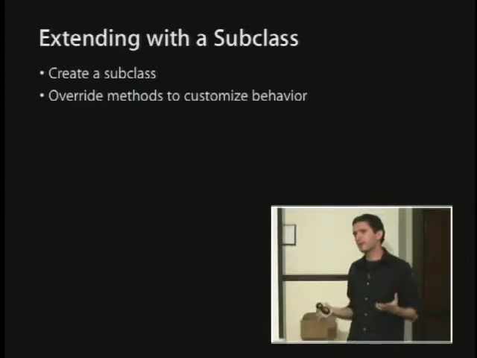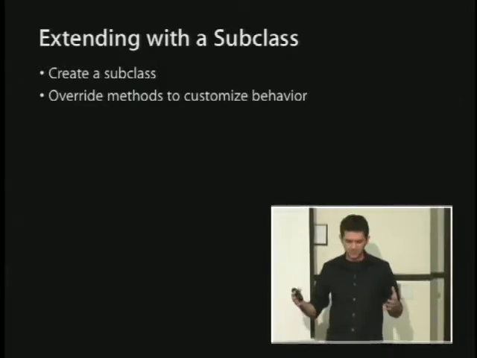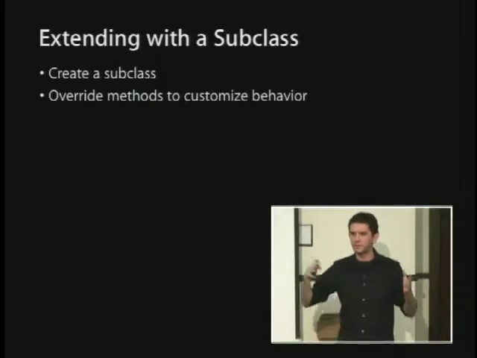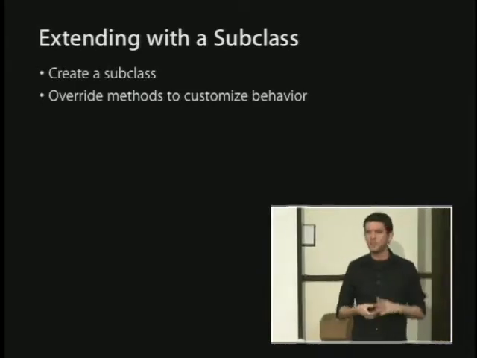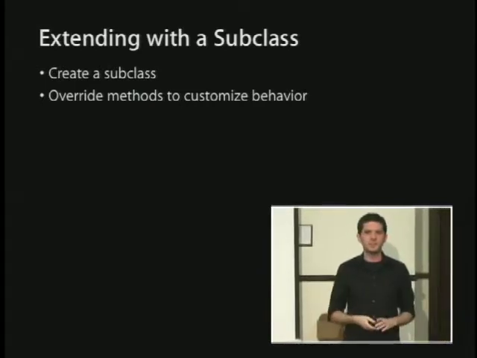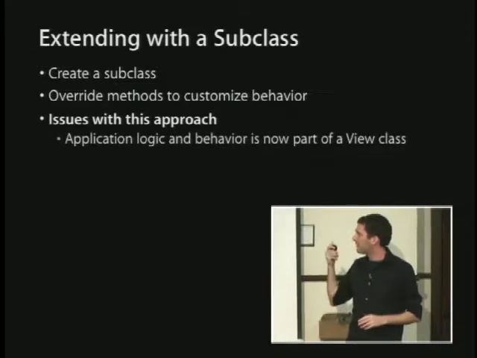The way other languages tend to deal with this kind of thing is generally through subclassing. You would have some complicated superclass, and you'd subclass it and override some methods and change the behavior that way. In UIKit, we don't really like to do that, and there are a couple of reasons. First of all, the application logic and behavior then becomes part of the view itself.